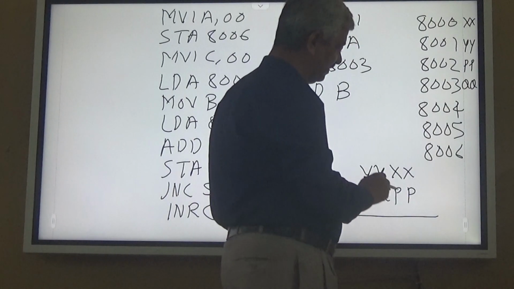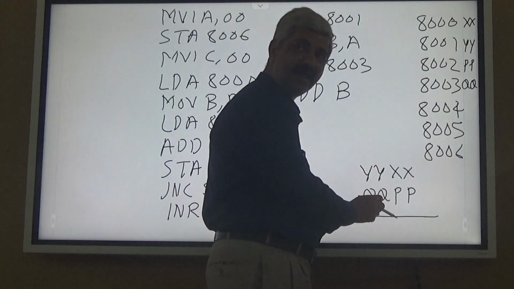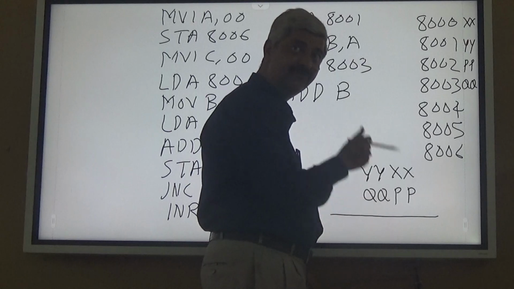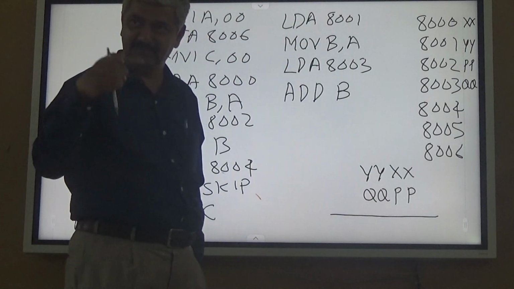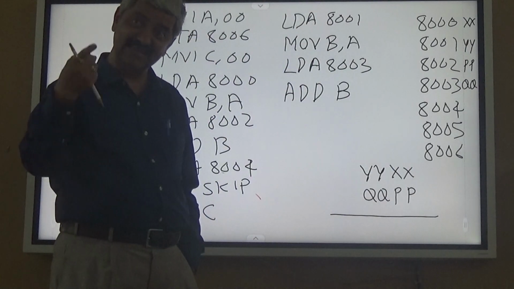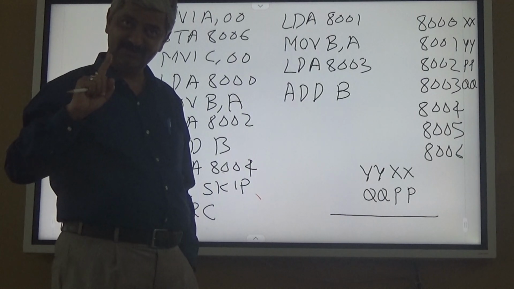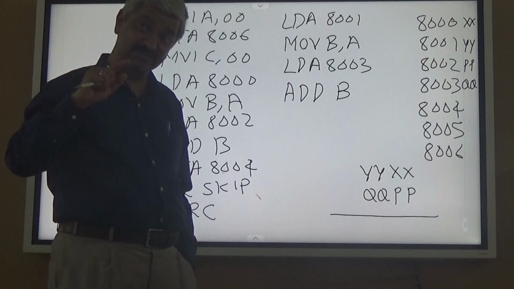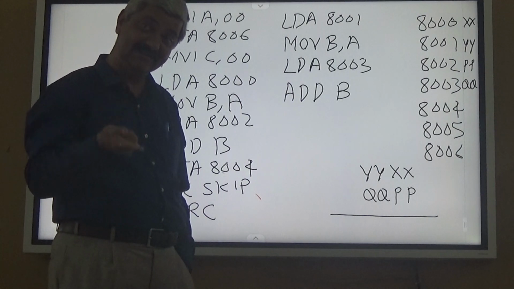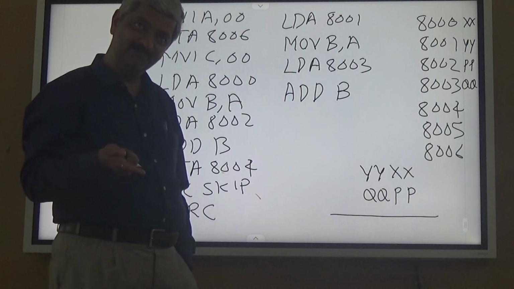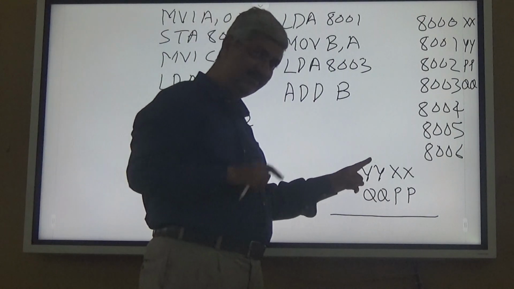What I do? XX and PP I add. When I add XX and PP, I get a 9-bit number. So how are you supposed to add the next byte? Is it clear?